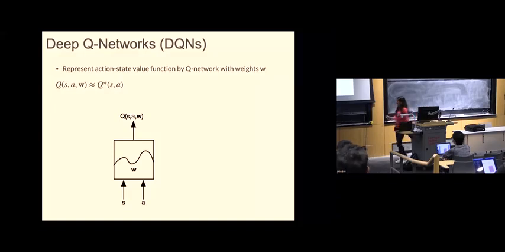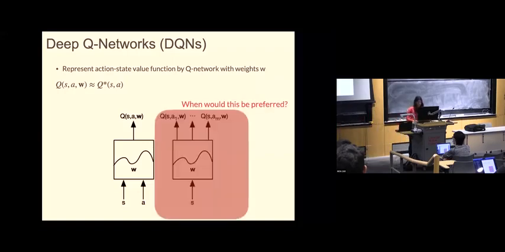We saw in the first slides that for the Q function, you have a neural network that takes as input the state representation and the action representation. When you have discrete actions, which is the case in today's lecture, that would be preferred. Why would that be preferred? Keep in mind the deep Q learning update rule, which for a particular state and action needs to compute the maximum across all actions of the next time step.